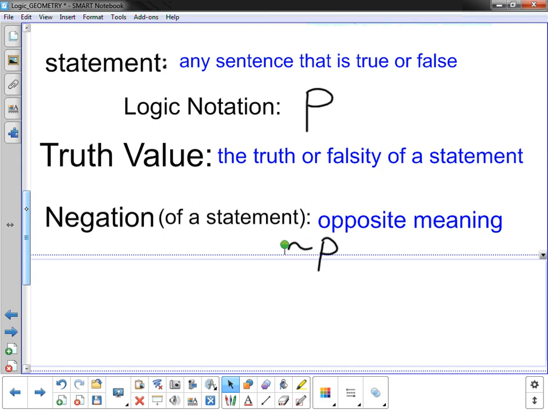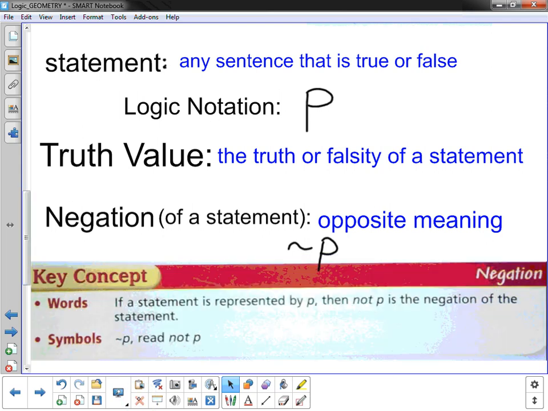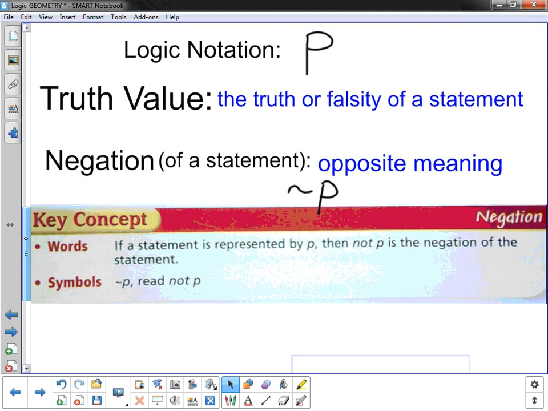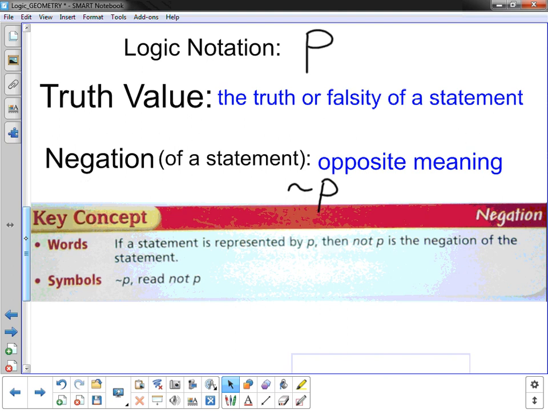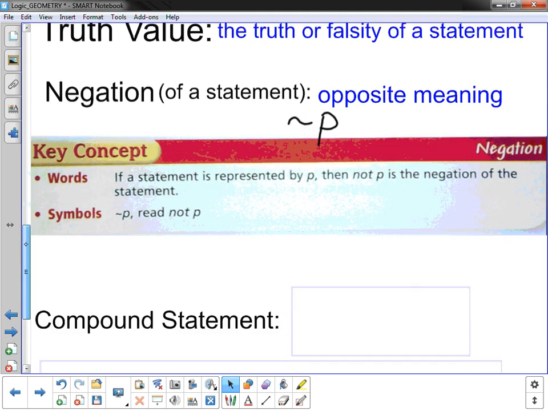There is a formal definition in your book, and it says, if a statement is represented by P, then not P is the negation of the statement. So our symbol is that little squiggly with the P, and we read that as not P. So I can have P, and I can have not P. Those are my two types of statements. They are negations of each other. They are opposites of each other.